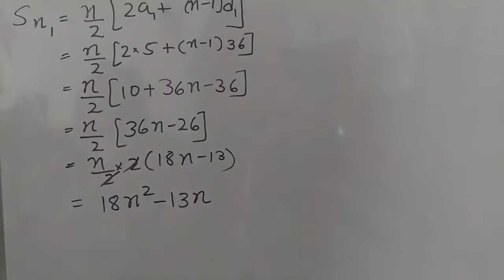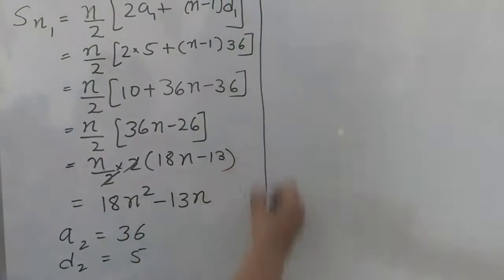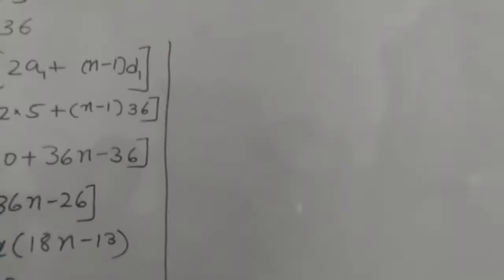That is for all n terms with first term 5 and difference 36. Now students, we will take the second, that is a2. For the second AP, the first term is 36 and the common difference is 5, like this given. So we will use our Sn formula again, but here it is written 2n terms.